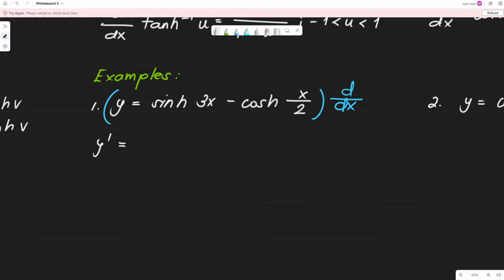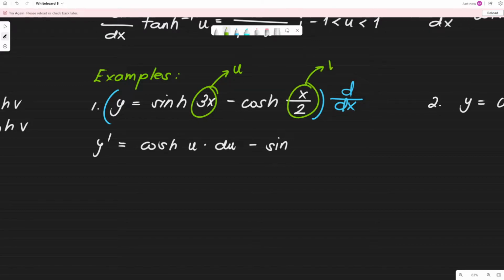That is hyperbolic cosine u du, of course, huwag nyo kalimutan yung du. Minus, the derivative of hyperbolic cosine u is hyperbolic sine u du. However, para hindi ako malito, let's say, since they are different values, I will assign this as u and I will assign this as v. So, hyperbolic sine v dv.